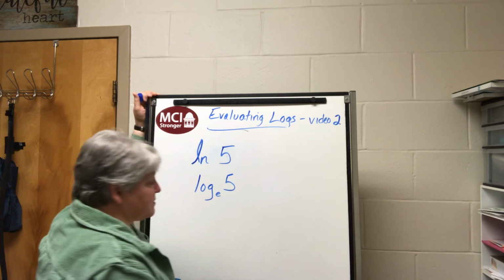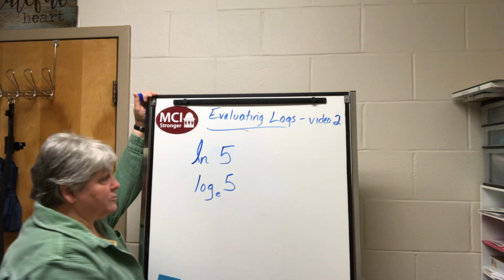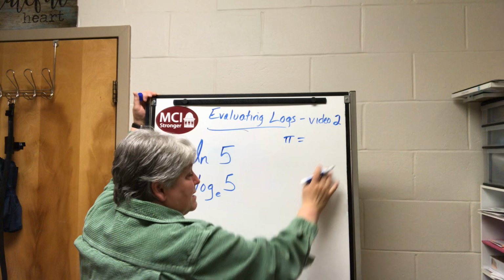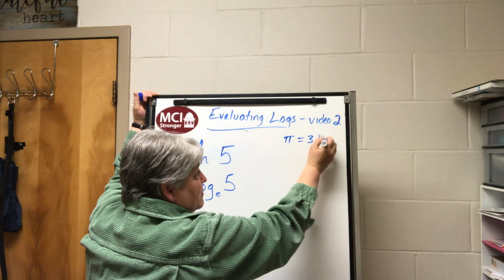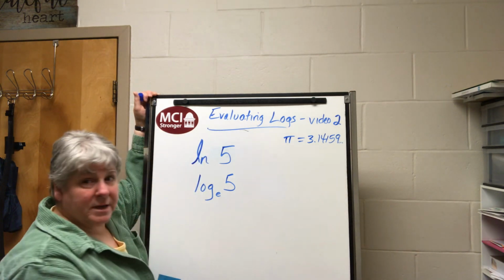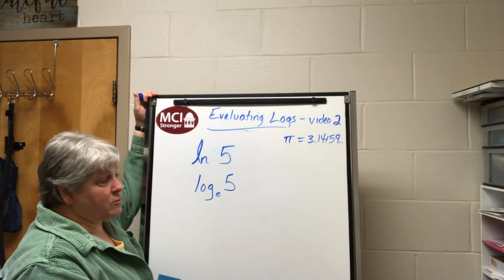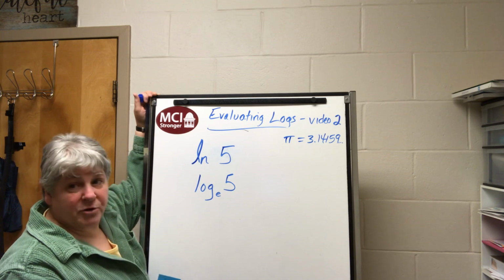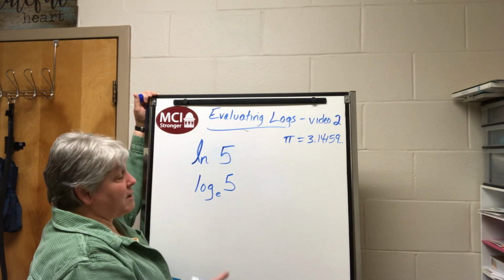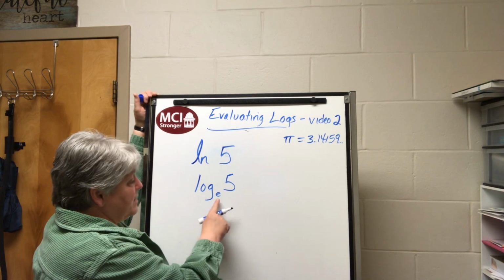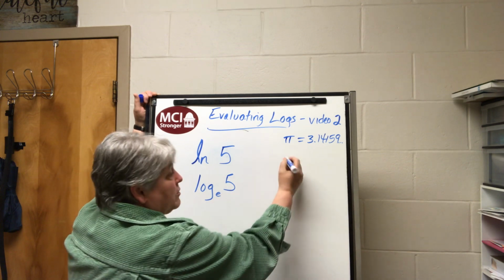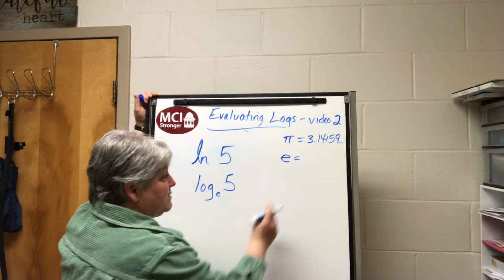Now you might wonder what this e stuff is. Well, just like pi is a strange little number that goes on forever and never stops, and then it keeps on going, but it never has a repeating block. It's one of those values that comes out of geometry, looking at how the diameter compares to the circumference of a circle. This is like pi in that it also never repeats any digits.